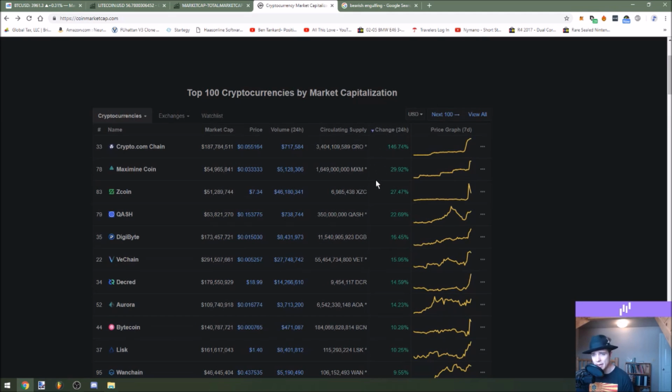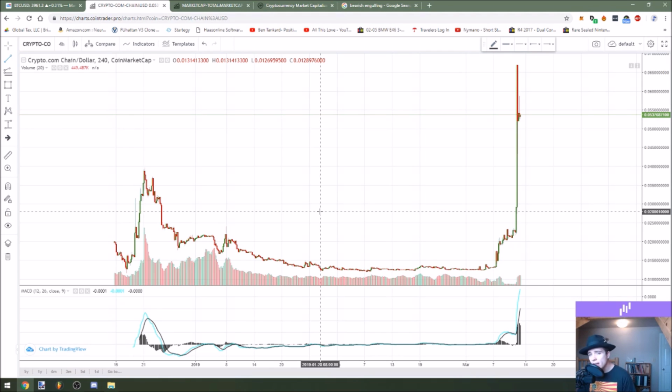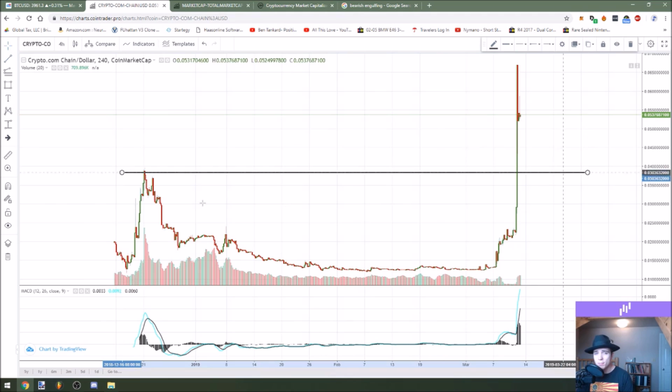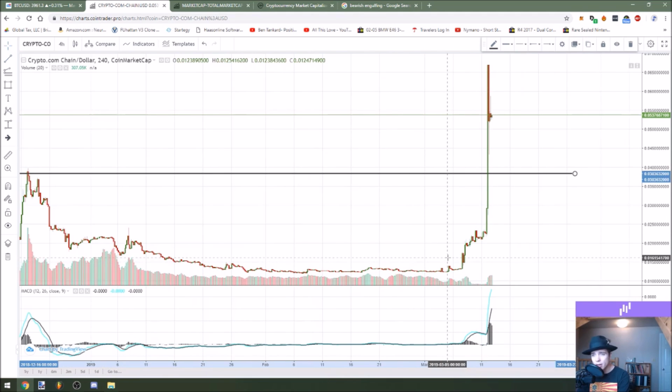The next competing would be Maximine Coin, I think is how you say it, and that is up 29% today. And since you guys love for me to run over the top mover, here is Crypto.com Chain, and this is the 4-hour chart, and as you can see, it just completely blew past the previous high, the previous all-time high, as soon as it started to get momentum.